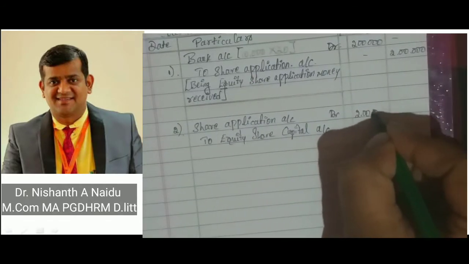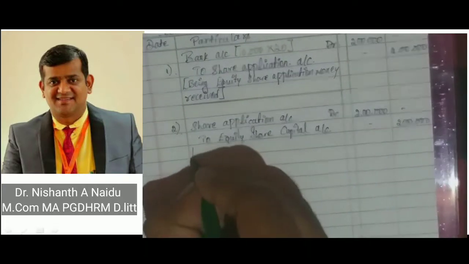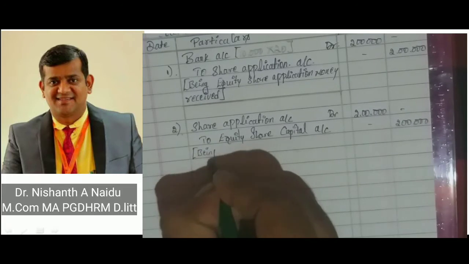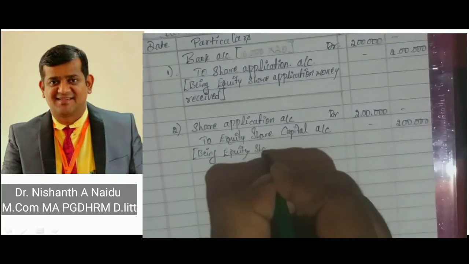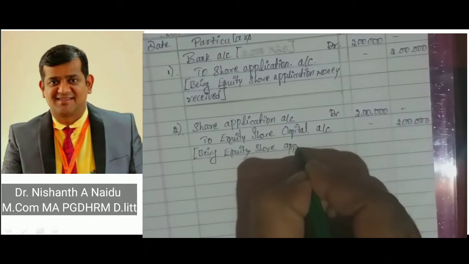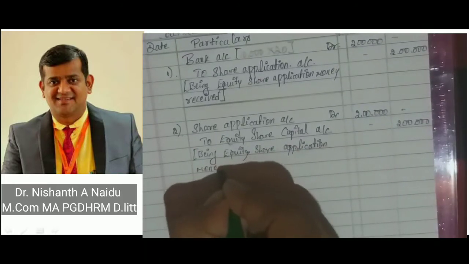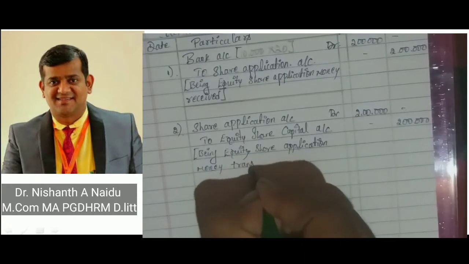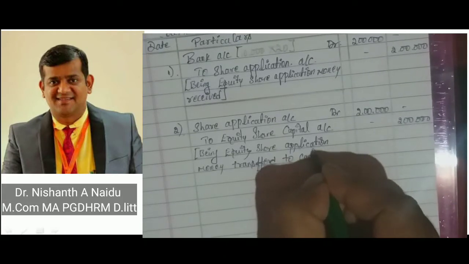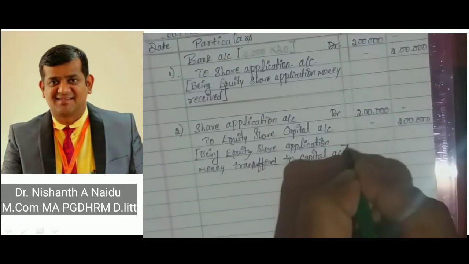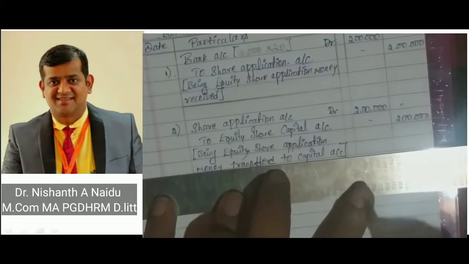So 2 lakh rupees, 2 lakh rupees. Narration: being equity share application money transferred to capital account. So close the narration and close the particulars column.